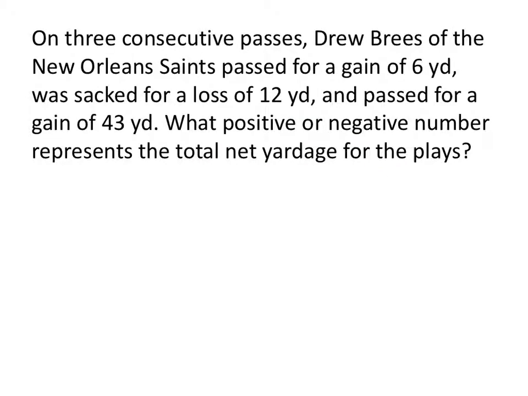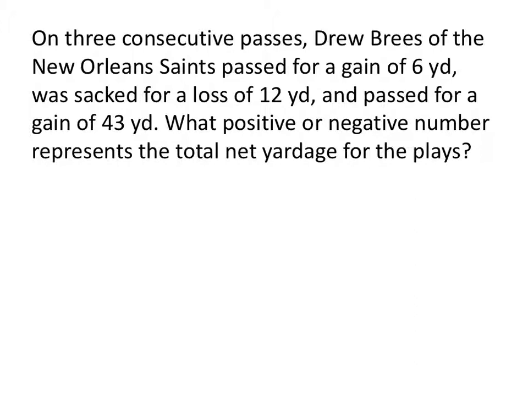In this problem, we're talking about a quarterback who threw 3 consecutive passes, and one play gained 6 yards, another play lost 12 yards, and the third play gained 43 yards. So what was the total net yardage that was gained or lost during the play?